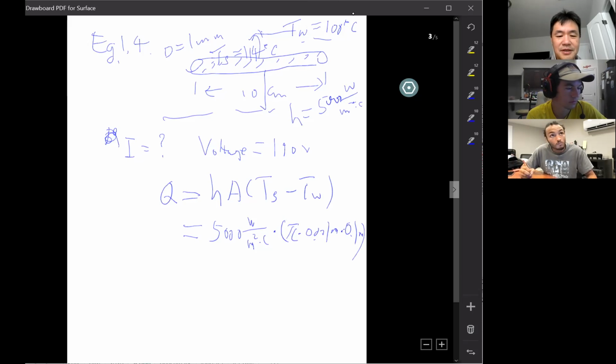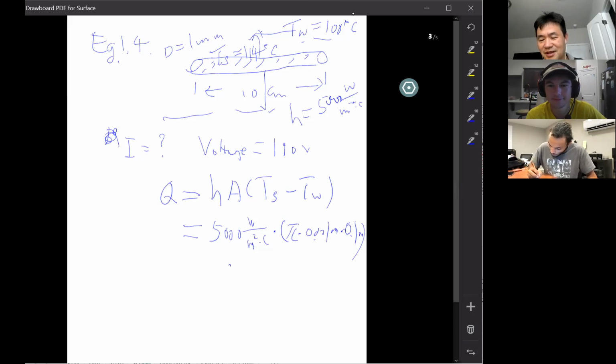Everybody follow me? The surface area. In solving some of these engineering problems, you really need to know the geometry. These are the basic geometries: pi d times the length, the circumference times the length. If you don't know this before this class, it's all right, but now you need to memorize it.